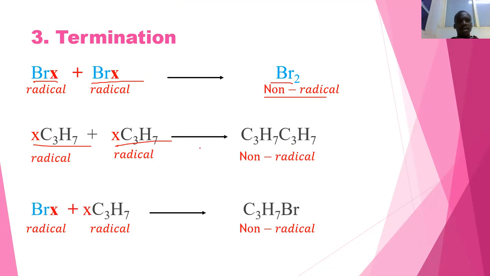Then we have the last one, which is the bromine atom reacting with the propyl radical to give us the bromopropane, which is a non-radical. So in termination, we have three reactions where all those radicals react to give us non-radicals that you should be able to know.